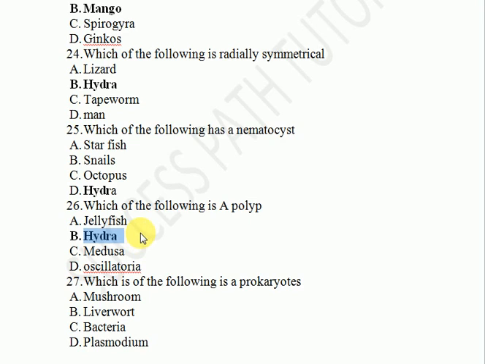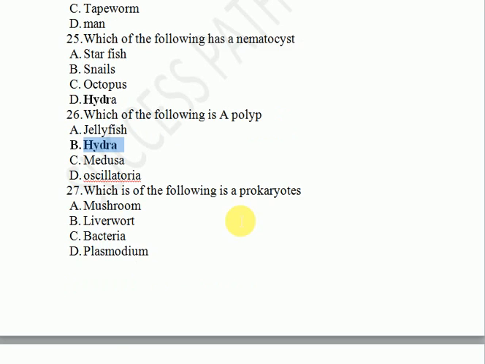Cnidaria is a new name for coelenterate or coelenterata. Alright. Now this jellyfish is umbrella shape, so we call this one medusa, while hydra is cylindrical shape, we call that polyp. Alright.